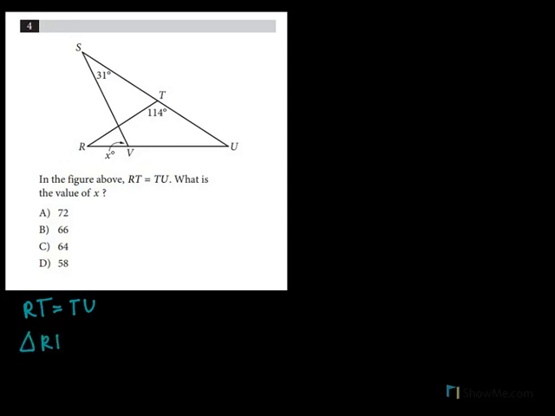Instead, each angle would be 60 degrees. So I'm just going to mark this down. Triangle RTU is isosceles. And here they have a base. The base is RU.